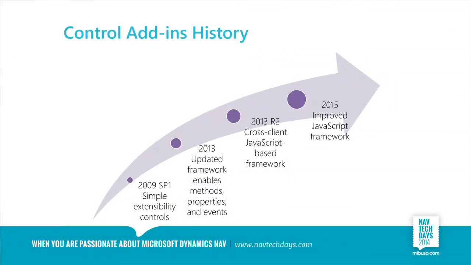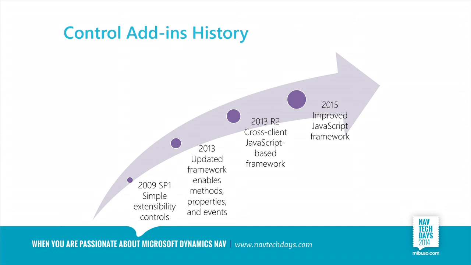Let's take a look a little bit at the control add-in framework history. At this stage, I will stop talking about Windows controls, and we are immediately shifting into the control add-ins for JavaScript. In 2009 SP1, there was the first extensibility framework. So as early as that version, you could write extensibility controls.